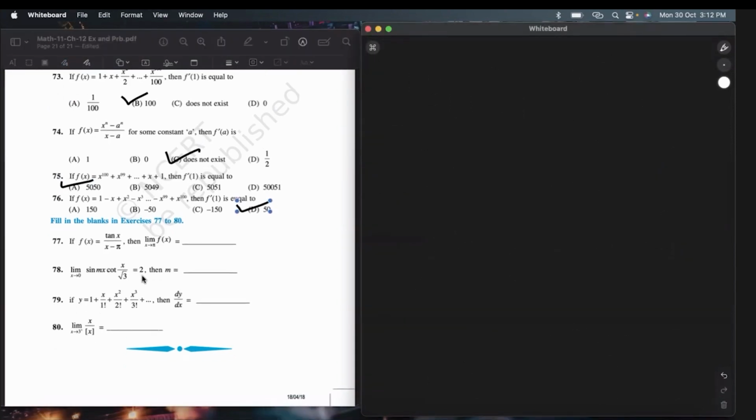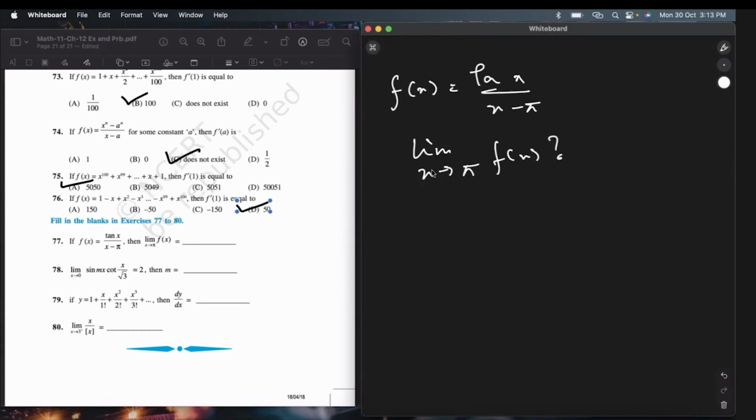Now, moving on to the next question. It has been given that I have a function f of x as tan x upon x minus pi, and the limit is as x tends to pi, and I have to find the value of f of x.